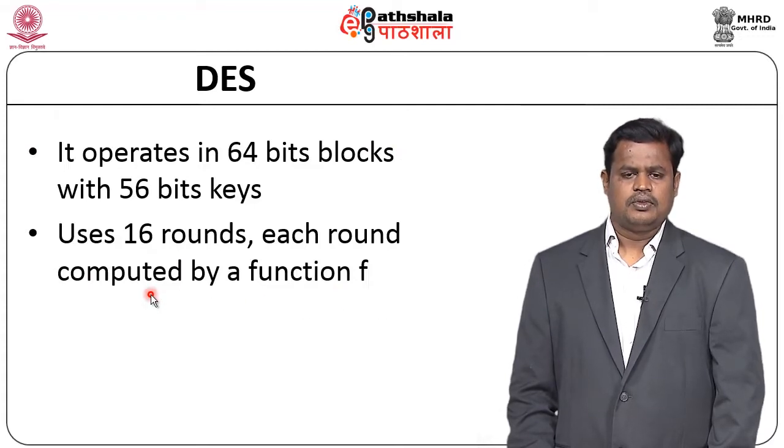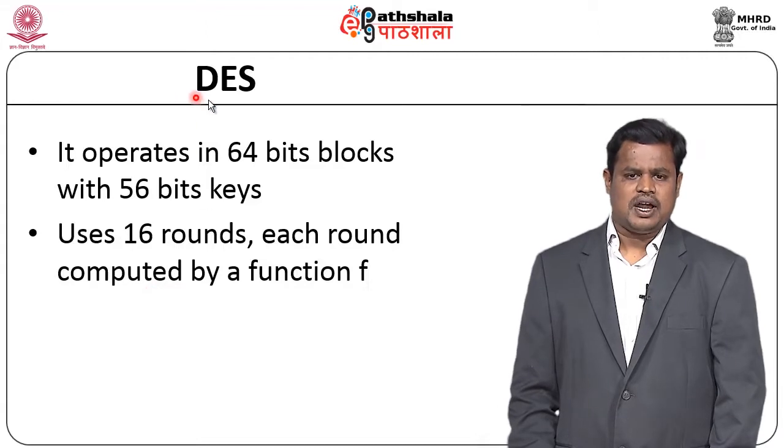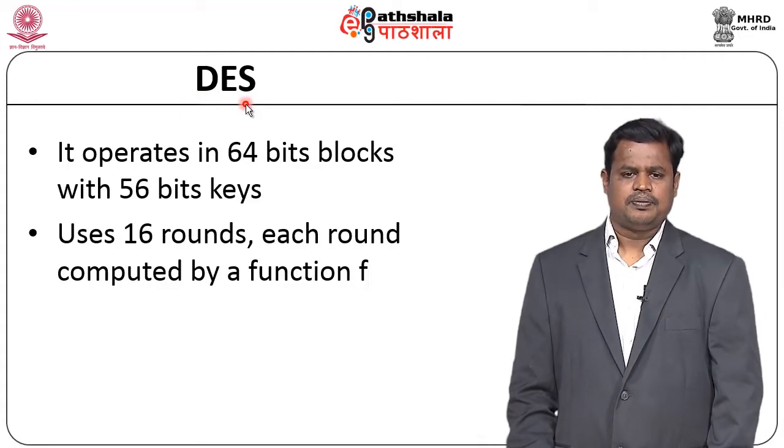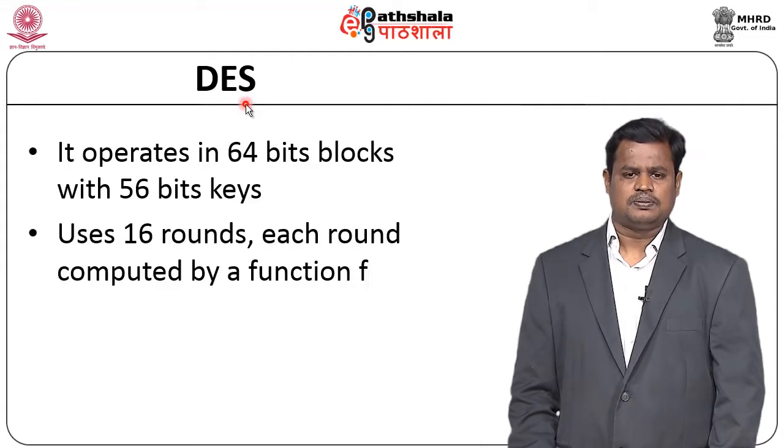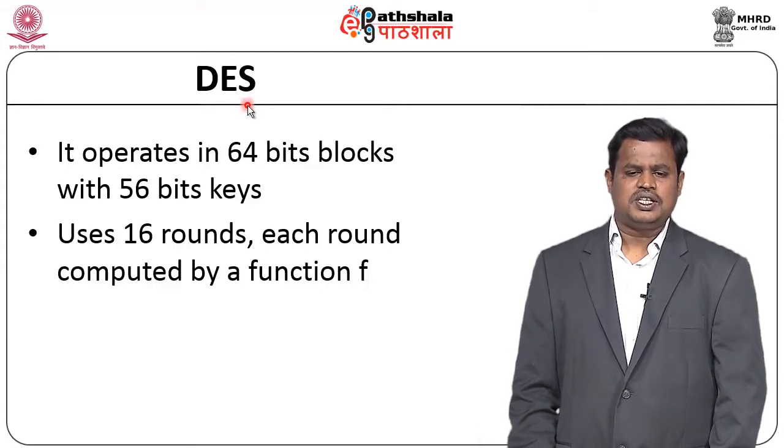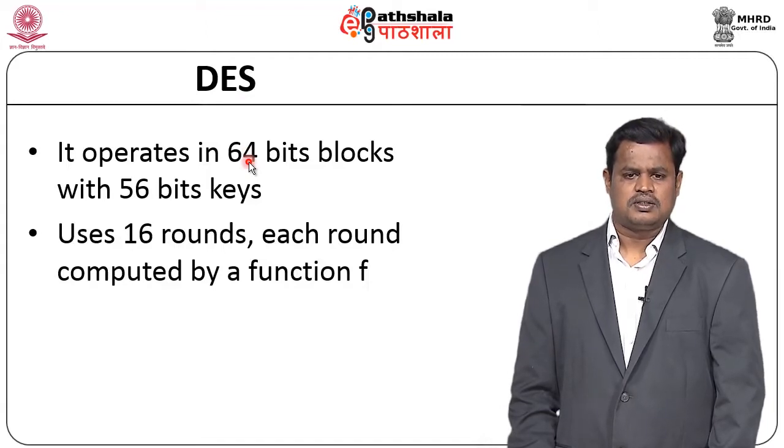So, now we need to understand the simplified version of this, and how we can easily understand the working principle of the data encryption standard algorithm. For study purposes, there is a topic called simplified DES.